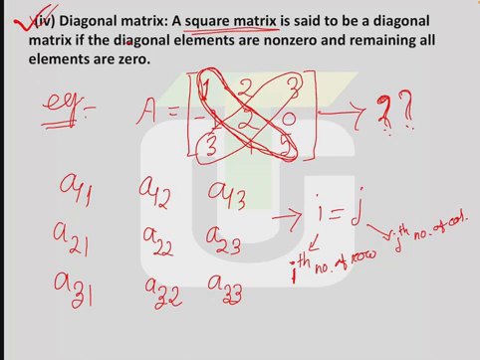So in Aij, I represents the first index and j represents the second. That means I represents the ith row. This one is the first row.